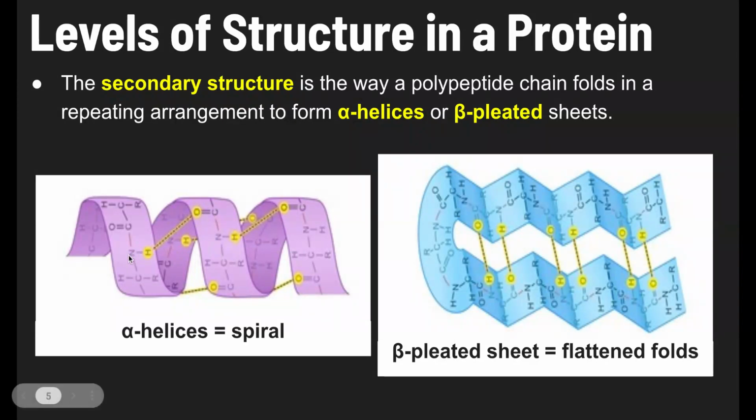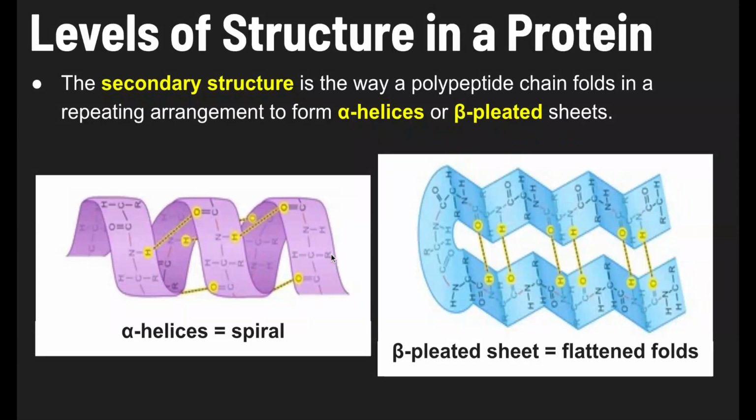So when that amine group and that carboxyl group form a bond, it gives it this spiral shape. Here, you've got the amine group and the carboxyl group, and they can form a bond. But notice in this case, the bonds are parallel to one another. They're going to be directly across from one another.